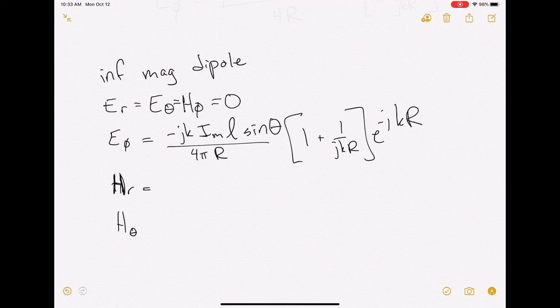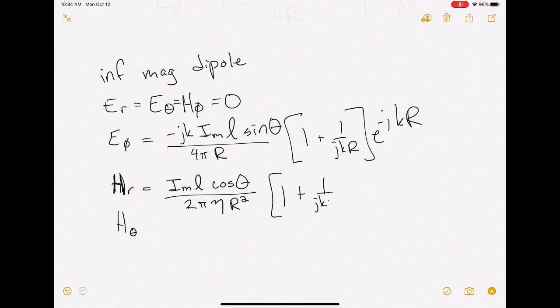The r component of the magnetic field is the magnetic current times the length of the magnetic dipole times cosine theta over 2 pi eta r squared, times 1 plus 1 over jkr, e to the minus jkr.